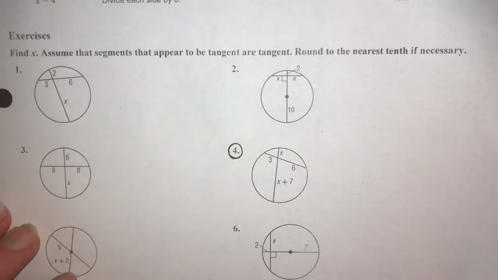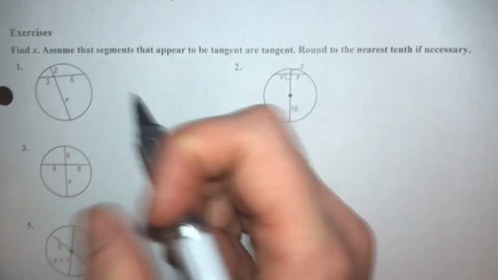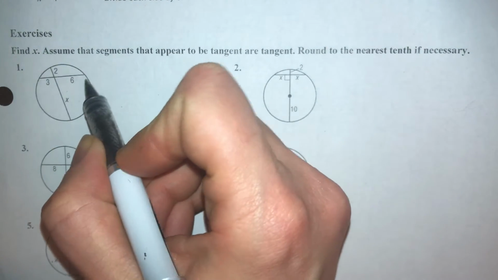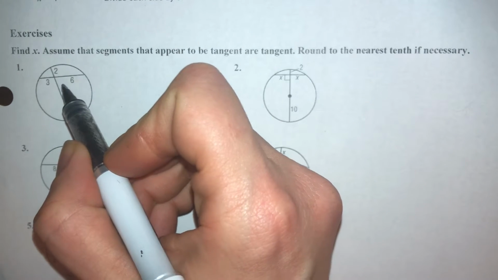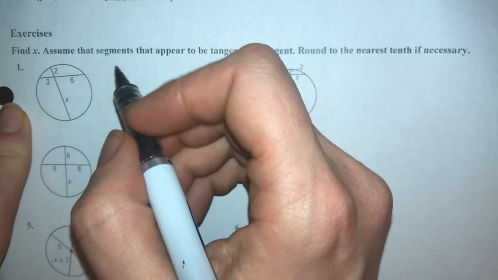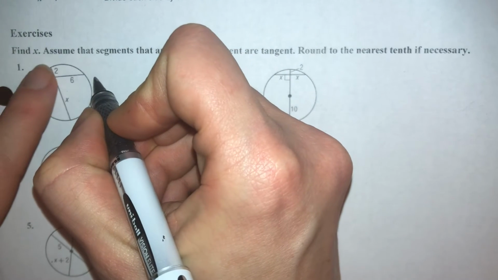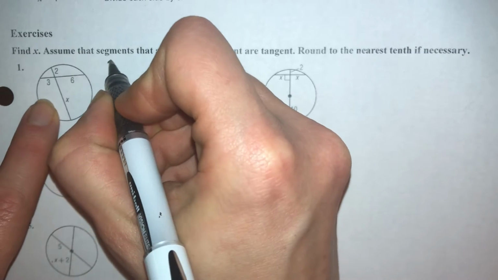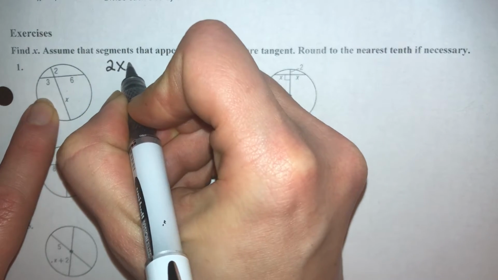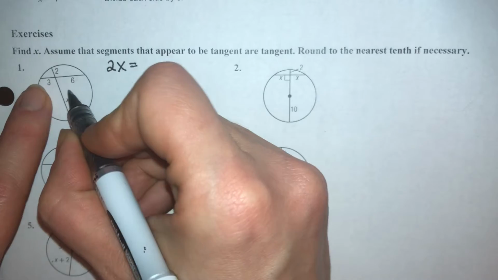All right, for number 1, we have two chords intersecting in the circle. So we're going to use this property that we just learned, that if we take the distances along the same chord, 2 and x, multiply those together, 2x will equal 3 times 6.